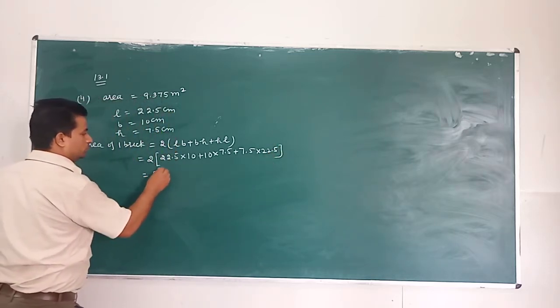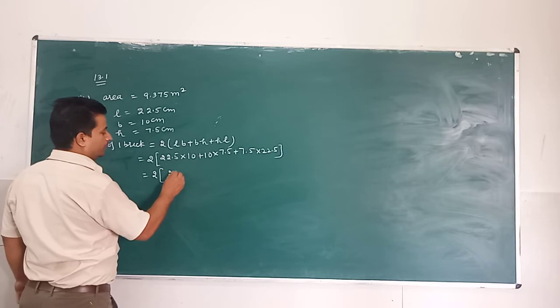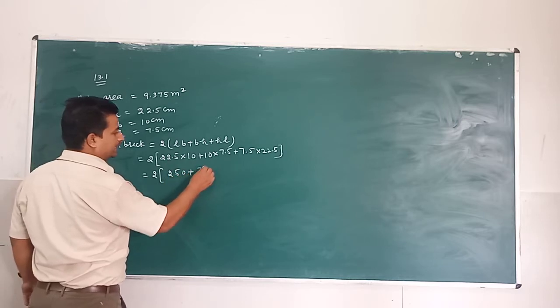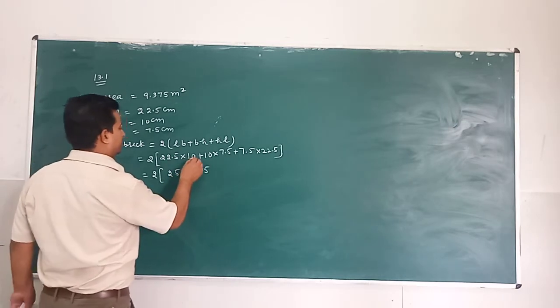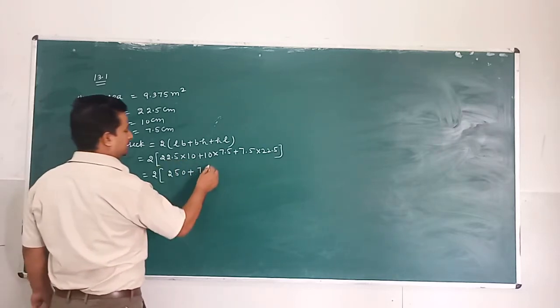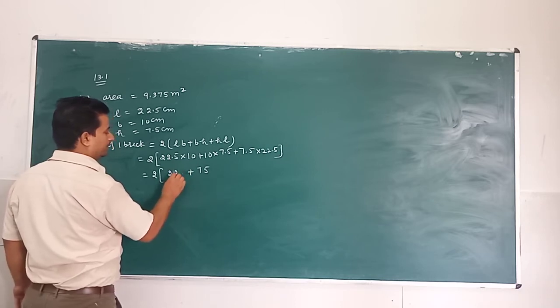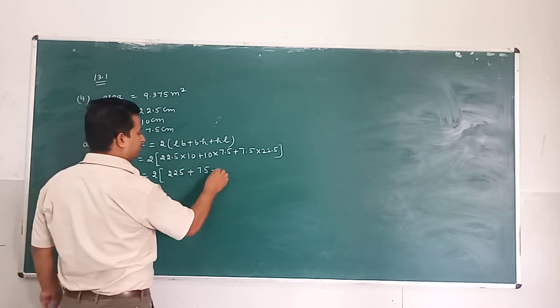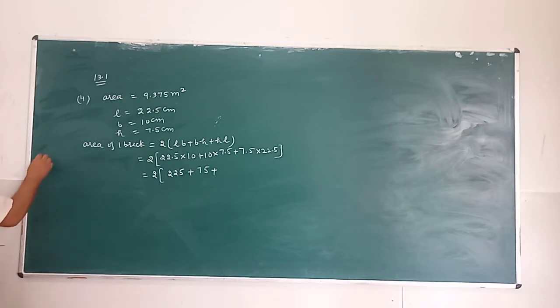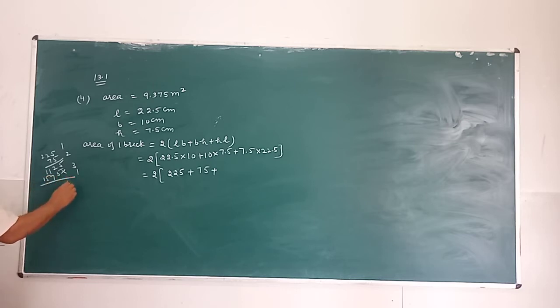Multiplying, 22.5 times 10 is 225, 10 times 7.5 is 75, and 7.5 times 22.5 is 168.75.